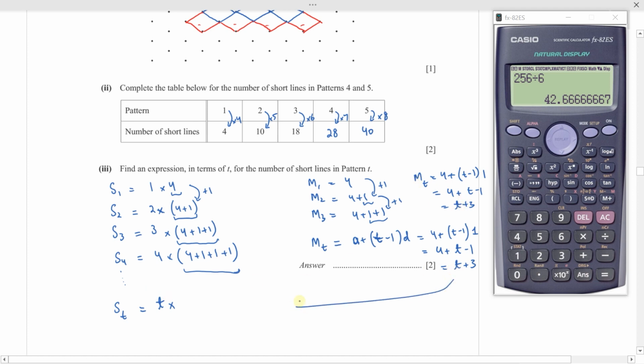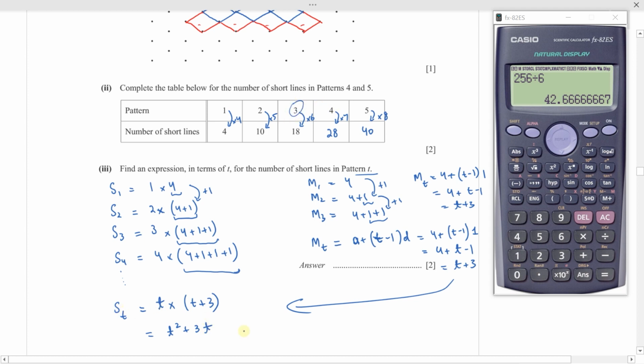So coming back here, you're multiplying it with t plus 3, and this will give you the number of short lines in pattern t. So if you want to expand this, you will get t square plus 3t. And you can double check this as well. So let's say we want to see the number of short lines in pattern number 3.